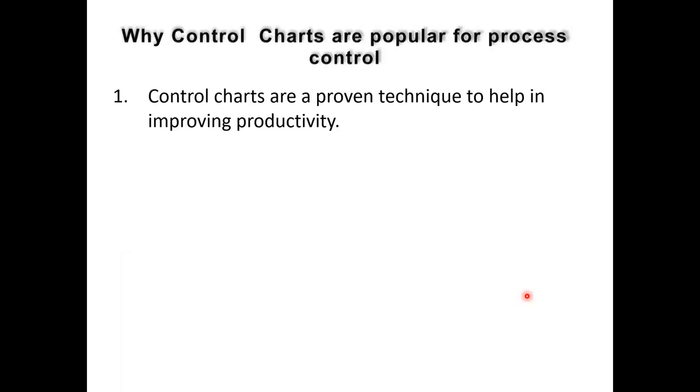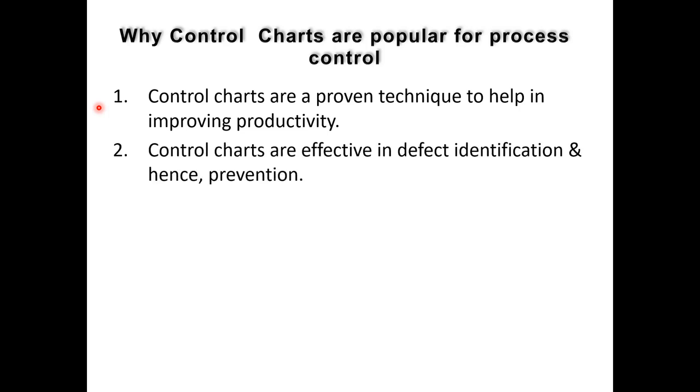Okay. So why are control charts so popular for process control? Number one, control charts are a proven technique to help in improving productivity. Sorry, it is not a direct approach, but it will help you to identify problems. Hence, you will rectify them. Therefore, you will further improve the productivity.